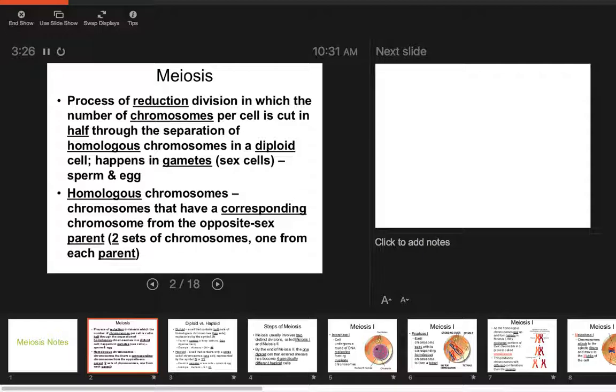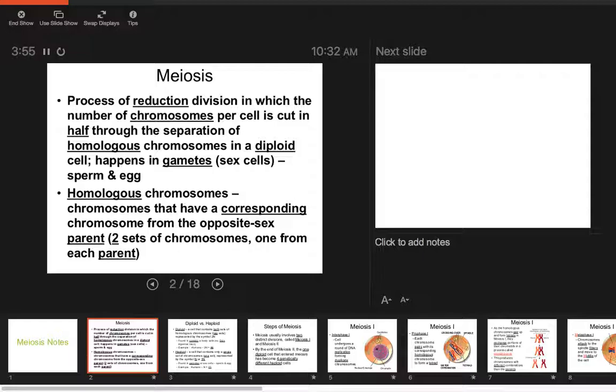Sperm cells don't come from other sperm cells. Sperm cells come from something called a spermatocyte, or a germ cell, that is an actual body cell that then divides out into a sperm cell. So that's why it's called reduction division. You're reducing the number of chromosomes in the cell by dividing the cell out. All right.